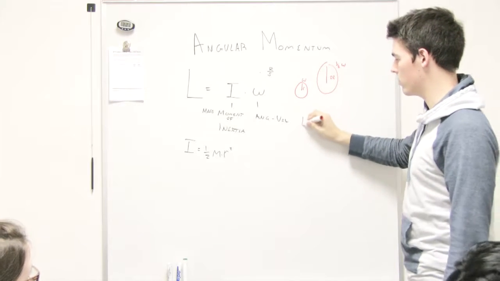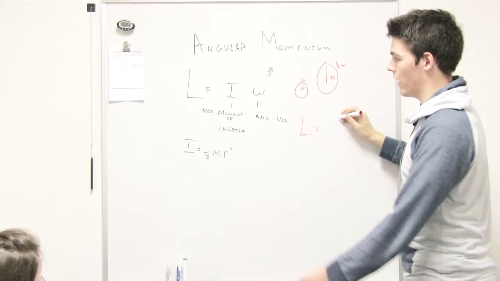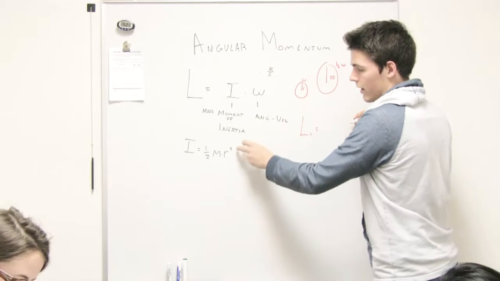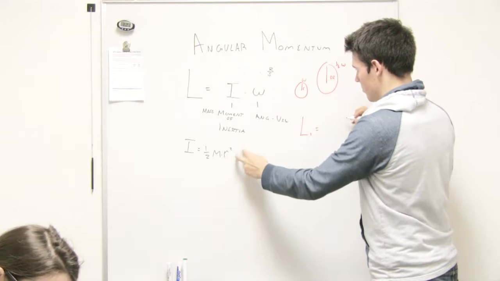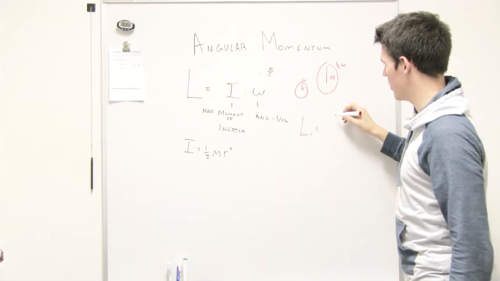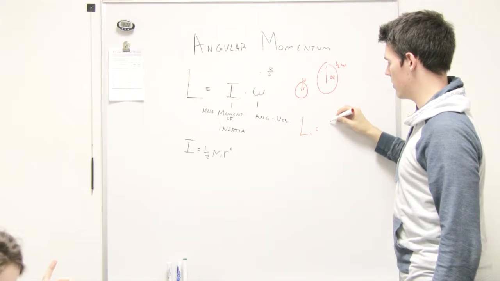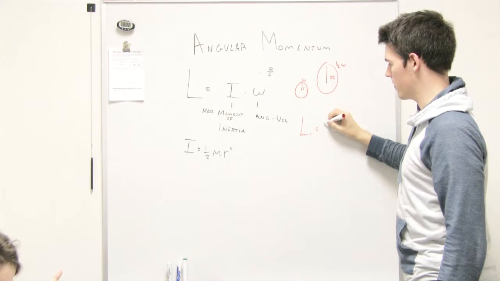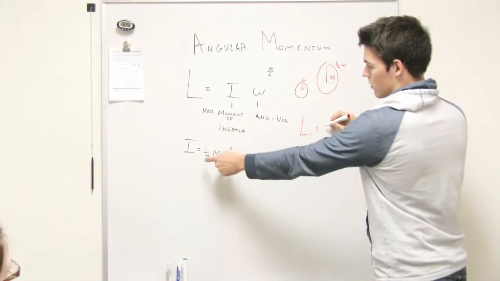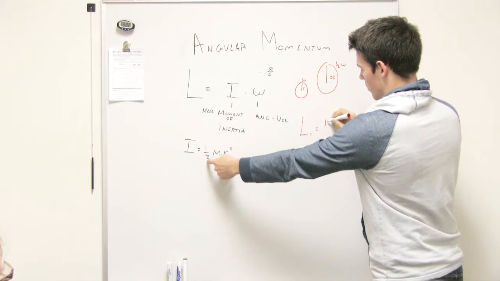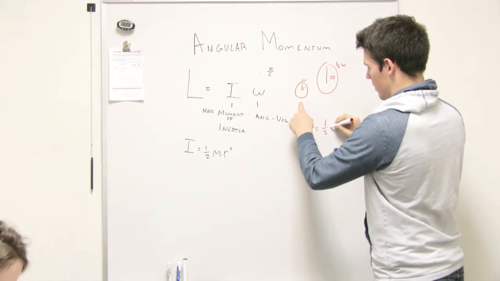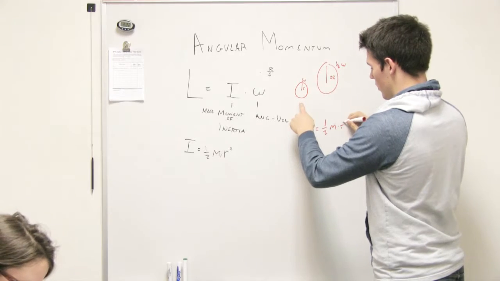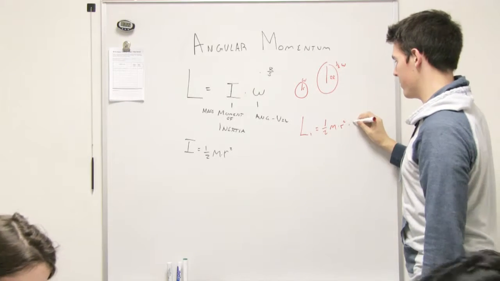So your L of 1 is equal to I of 1. What's your I of 1? I is the moment of inertia, so it's 1/2 m times R squared times your omega.